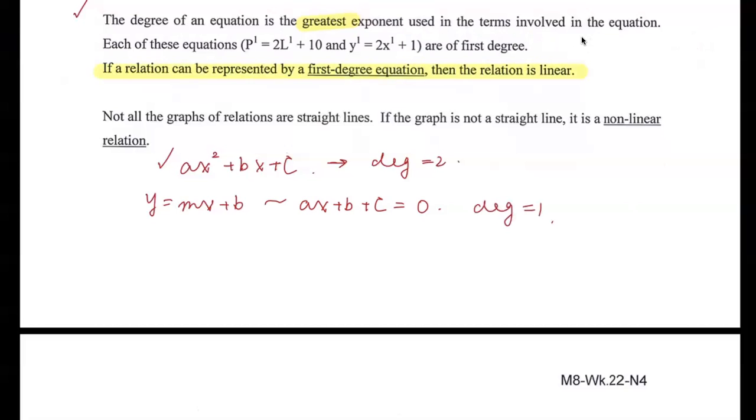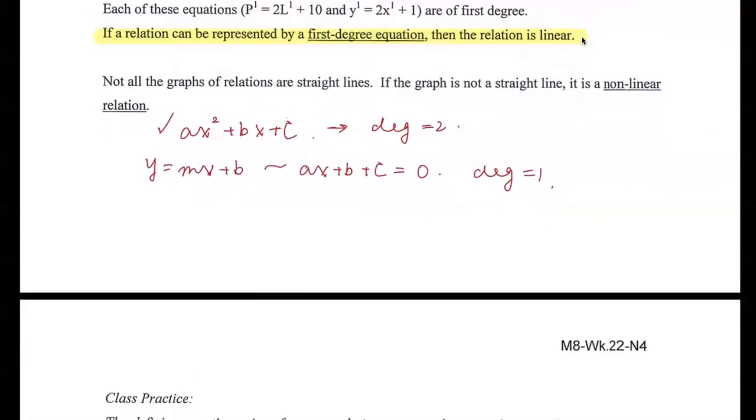So we know that all the linear equations have degree of 1. And that means if an equation has a degree of 1, then that means this equation is a linear equation or linear relation. Okay.